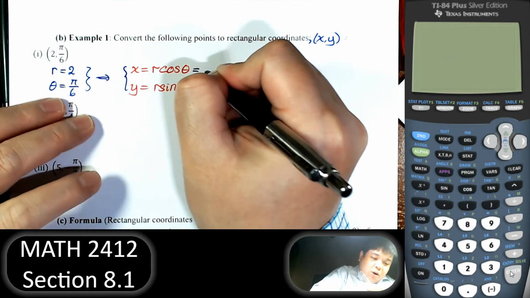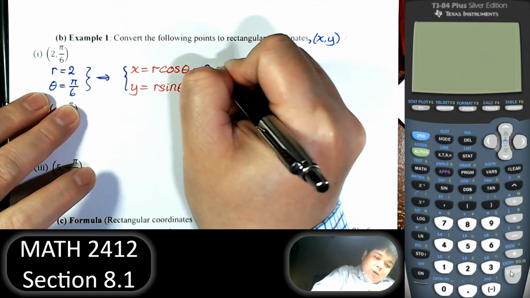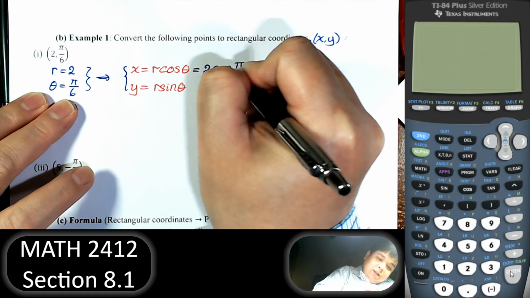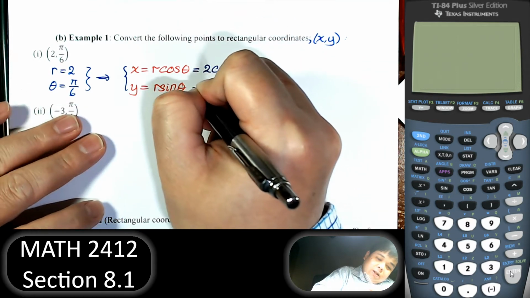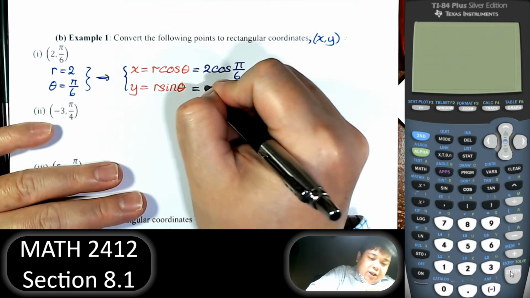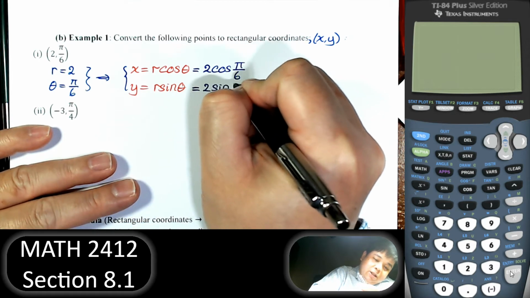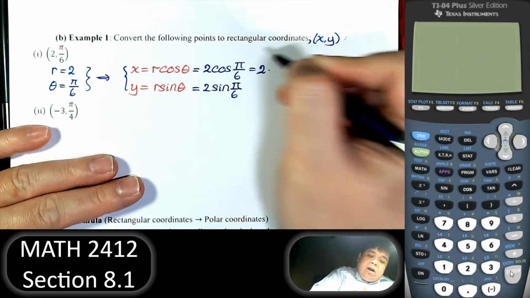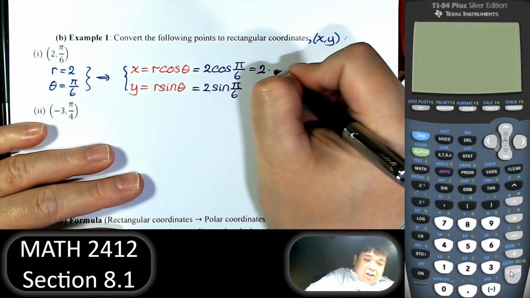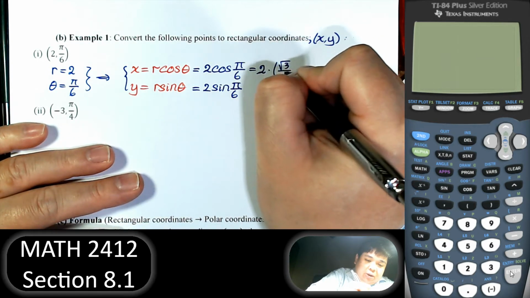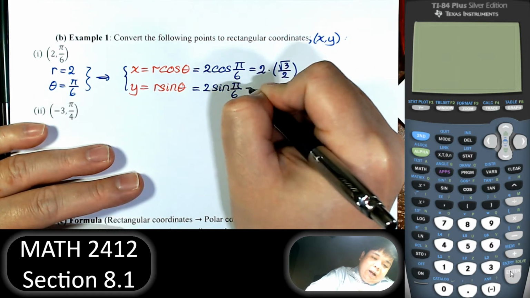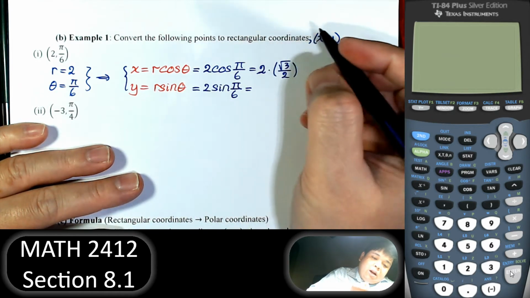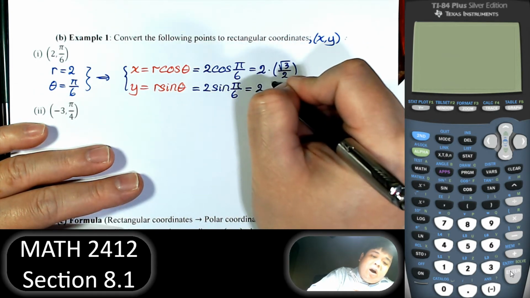x equals r cosine theta, 2 cosine of pi over 6, and y is 2 sine of pi over 6. Cosine pi over 6 is square root of 3 over 2, and 2 sine pi over 6 is 1/2.